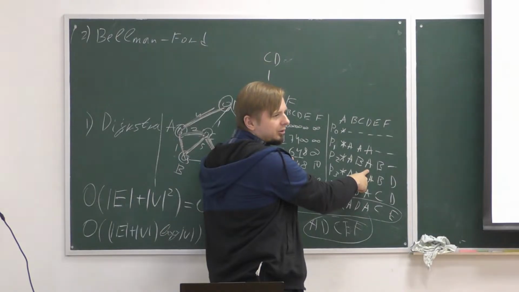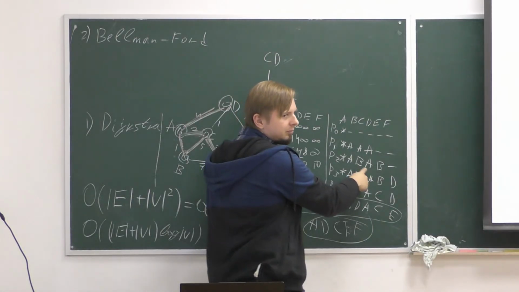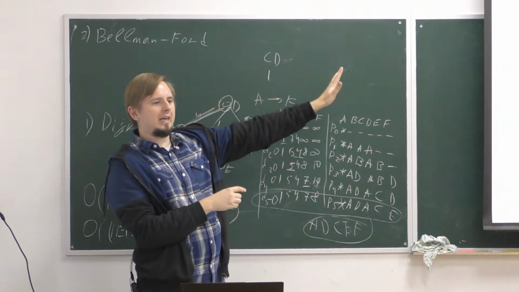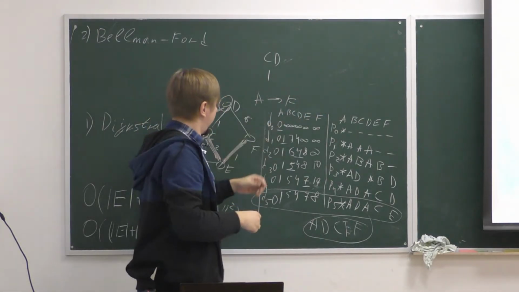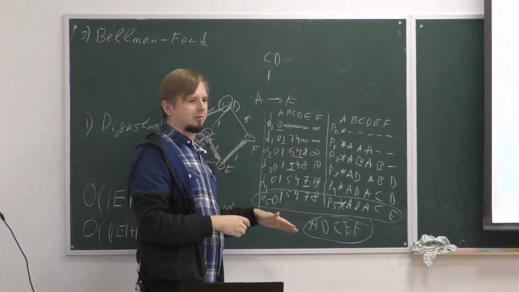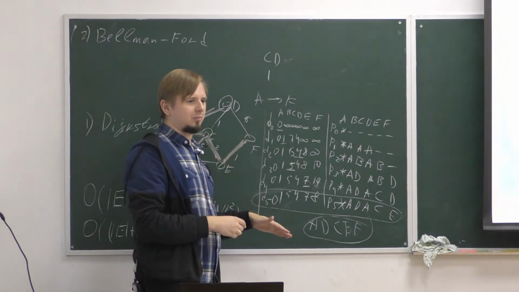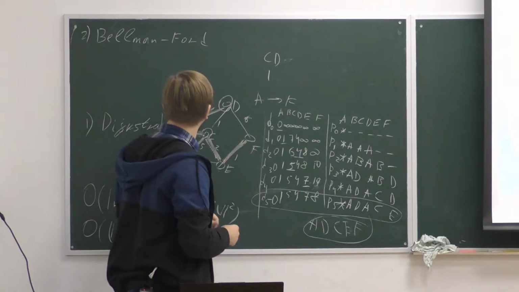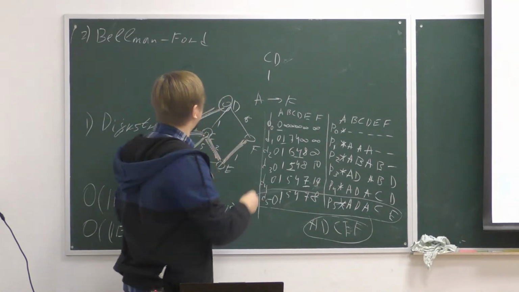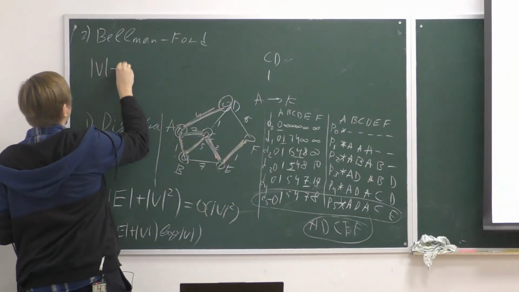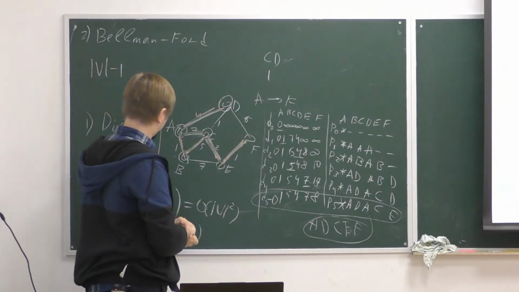But you should do this procedure for all edges of your graph at each step. And the number of steps will be v minus 1.